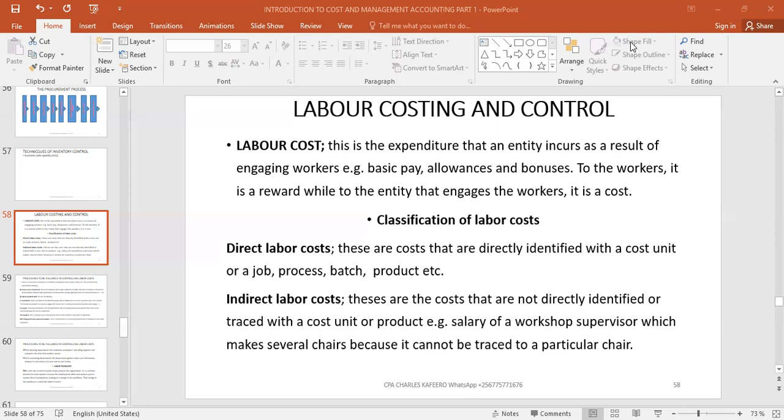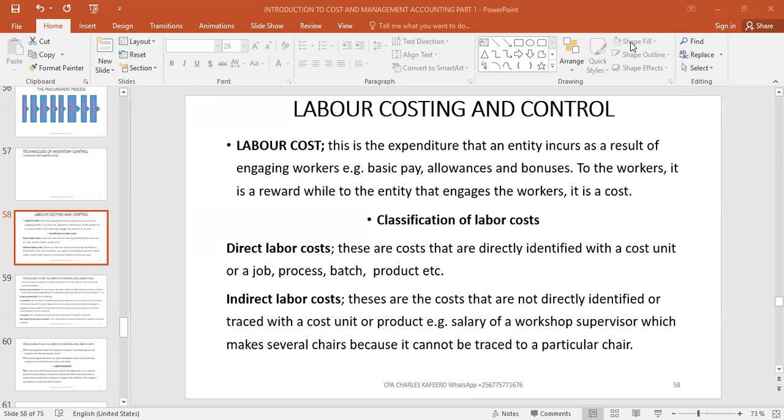And labor is simply the human effort, whether skilled or unskilled, that is involved in the production process.